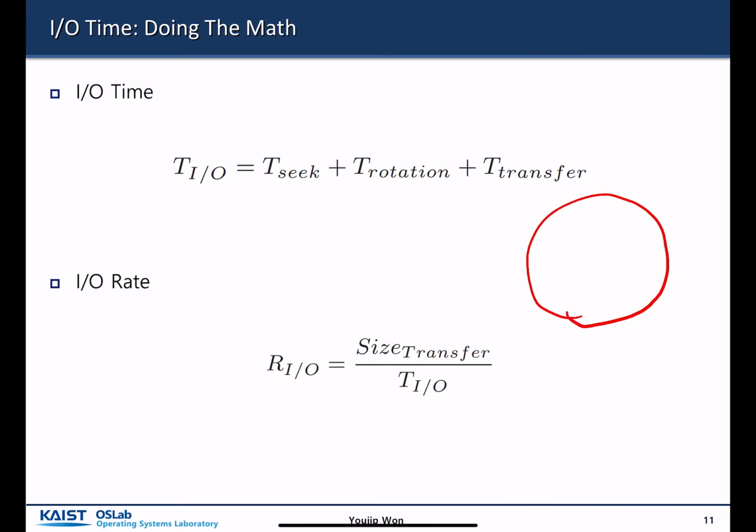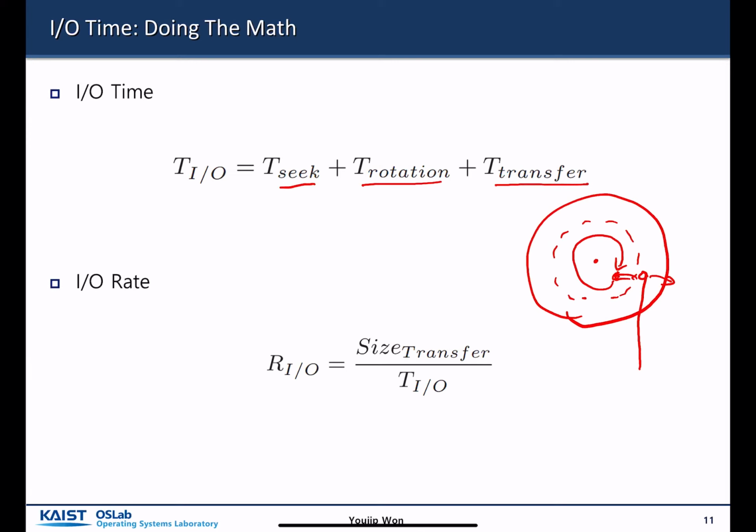In writing or reading to and from the disk, you first have to move the disk head to the right track, then you have to rotate the platter to find the right sector, and then you do the transfer. So it consists of three phases: seek, rotate, and transfer.